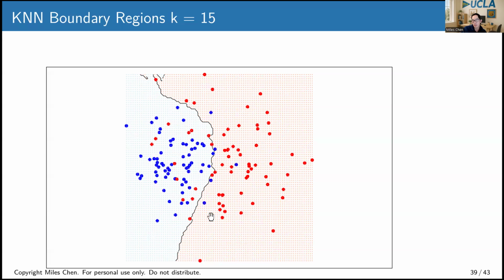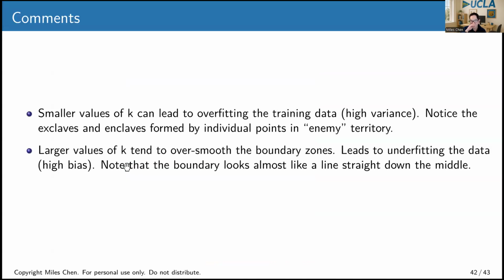And so you have red on the right side, blue on the left-hand side. I think I've bounced up to k equal to say 21 or 31. And by the time we're at k equal to 31, it pretty much looks almost like just a straight line down the middle where we have red on the right and blue on the left.